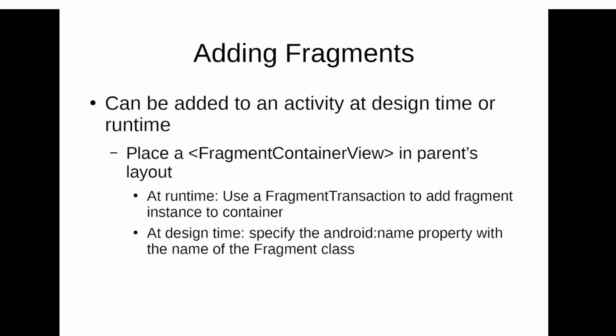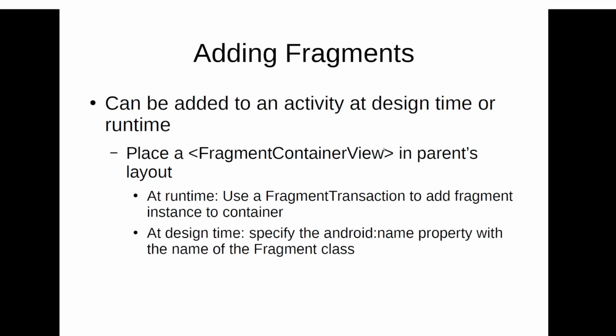Regardless of how you add a fragment, you need to specify a container. That is, you need to outline where the fragment is going to go, whether you're doing it at design time or at runtime. You create a space for a fragment in a container's layout by adding a fragment container view to the layout of the host.